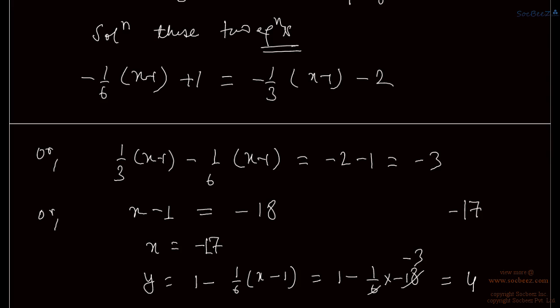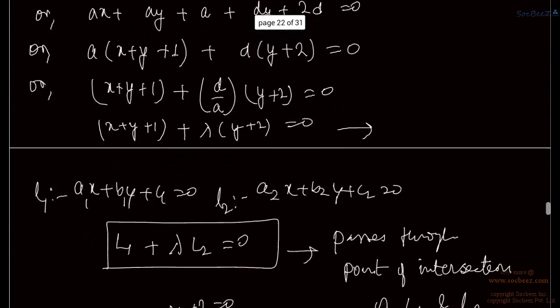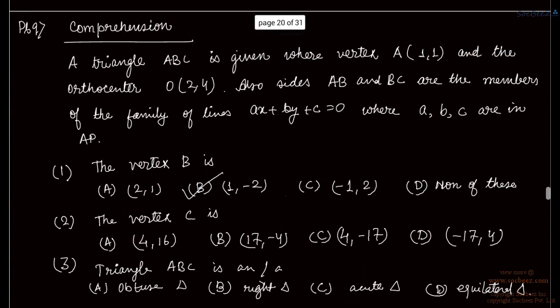So minus of minus 3 is plus 3, so y is 4. So we have the coordinate minus 17, 4 is the coordinate of C, right? Minus 17, 4. So option D is correct. Okay.